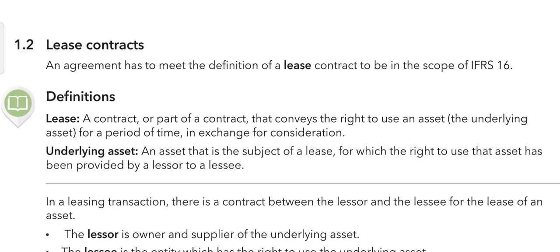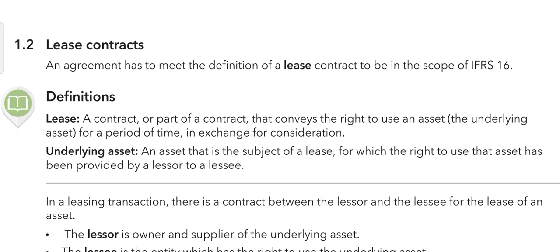Now we discuss what a lease contract is. A contract is an agreement between two parties for a specific purpose. From the point of view of a lease contract, an agreement has to meet the definition of a lease to be in the scope of IFRS 16.